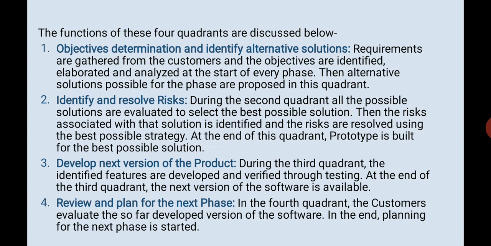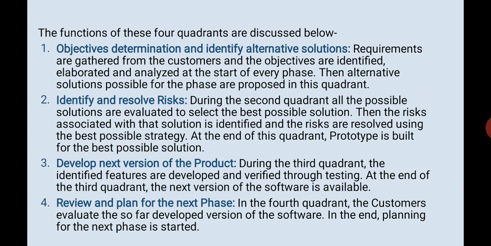Next is identify and resolve risk. During the second quadrant, all the possible solutions are evaluated to select the best possible solution. Then the risk associated with that solution is identified, right? So you see all the solutions you have proposed and select the best of them, and you see what risks this solution can have, or whatever path we are trying to follow.